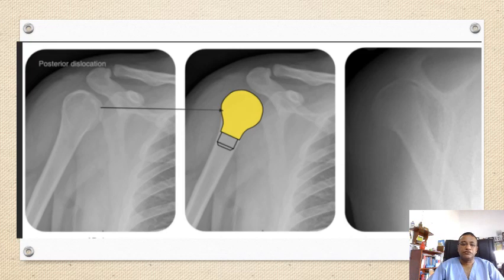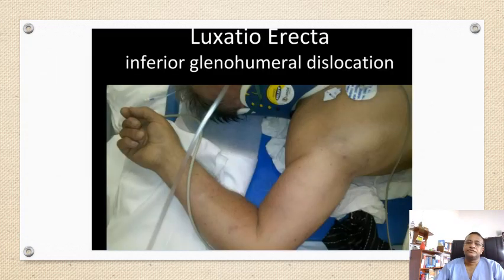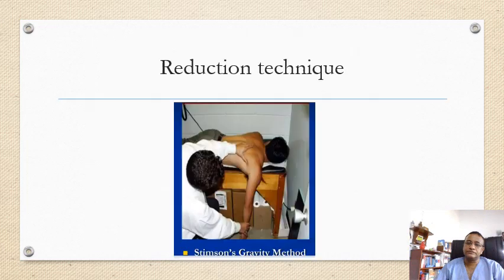So if you can't identify dislocation in standard views and still you have doubt of dislocation, then you have to order specific views such as axillary view and scapula Y view. This is the true inferior glenohumeral dislocation.